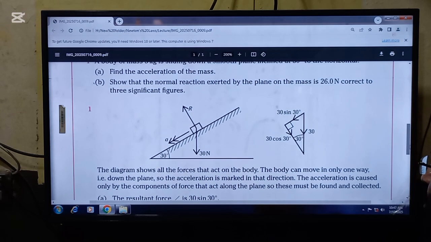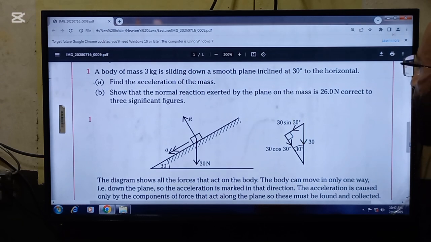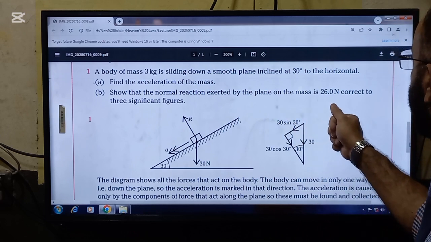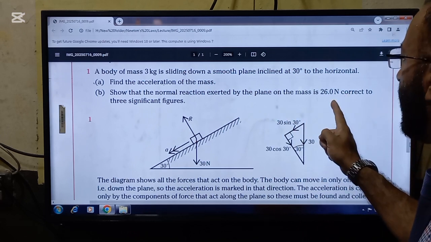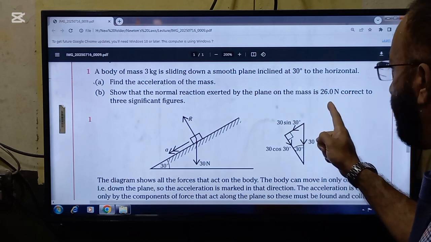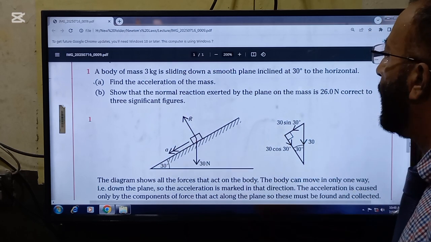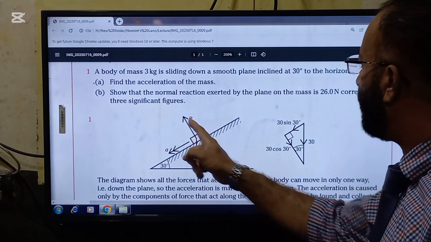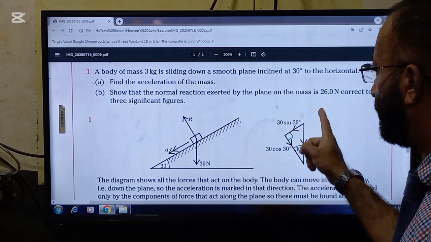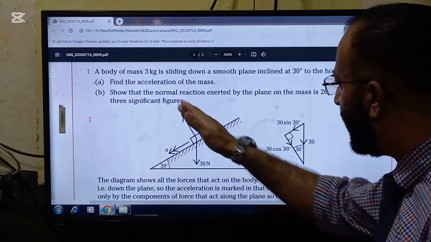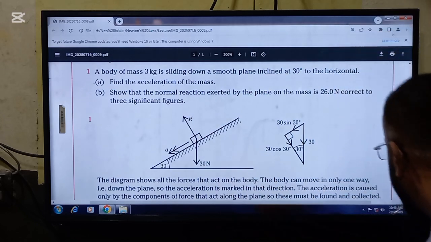Okay, the B part of the question is: show that the normal reaction exerted by the plane on the mass is 26 newtons, correct to 3 significant figures. So this is the thing which we have to prove. This is the reaction that is required. Look now, there is no acceleration perpendicular to the plane.